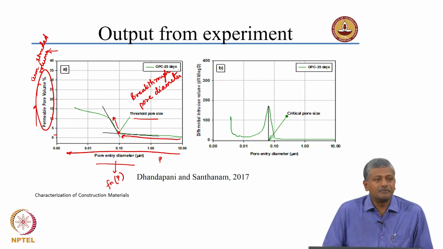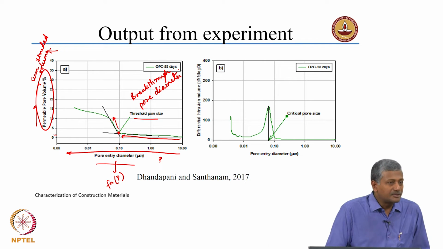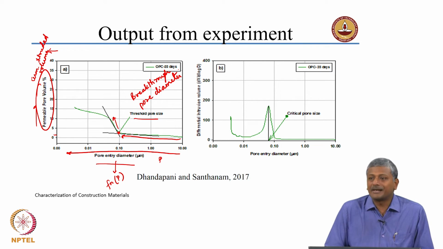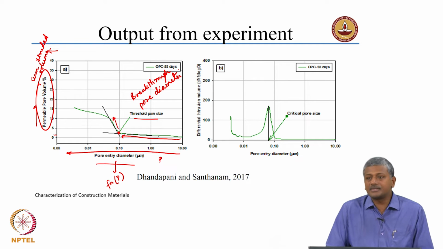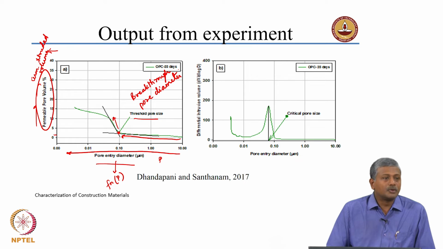Now, what does that mean physically? What do you think it means physically? This breakthrough pore diameter is the largest size of pore that has to be overcome for a fluid to actually penetrate your solid. The breakthrough diameter is the largest pore size that needs to be overcome for the fluid to completely flood your porous sample.